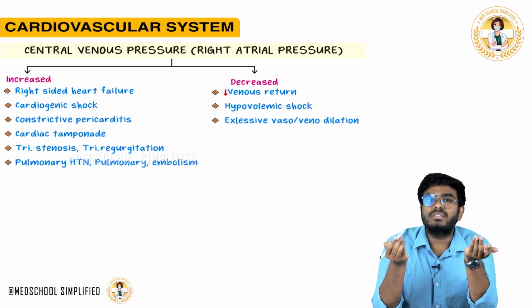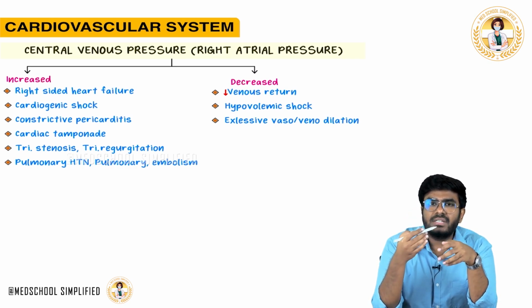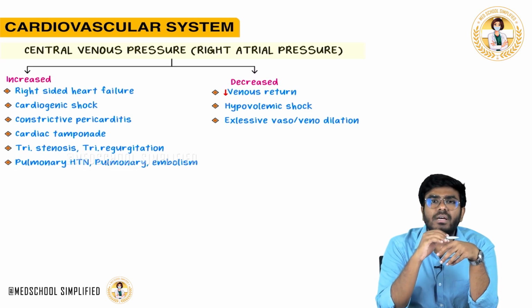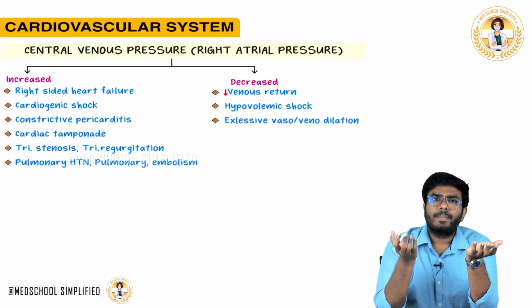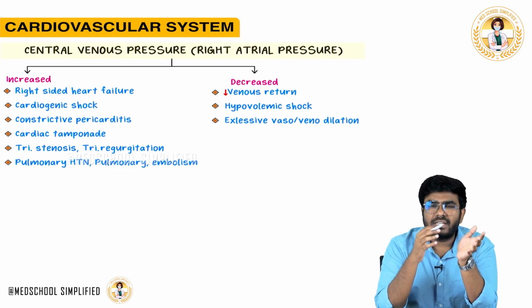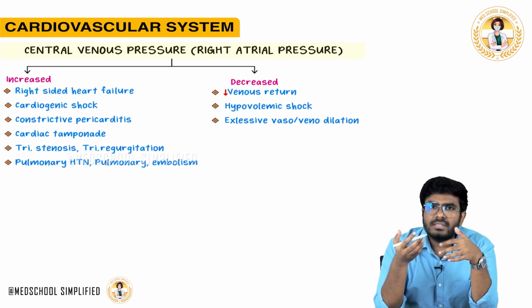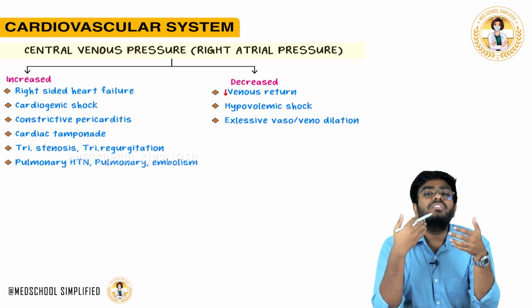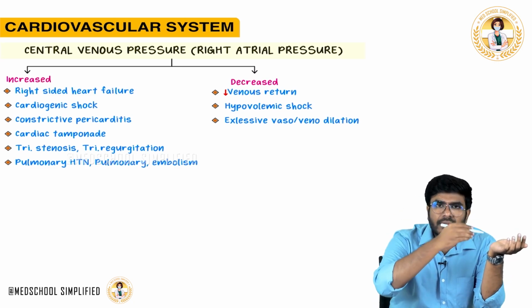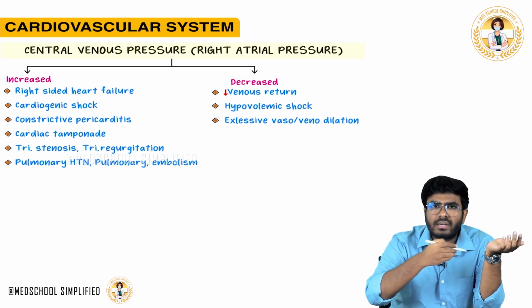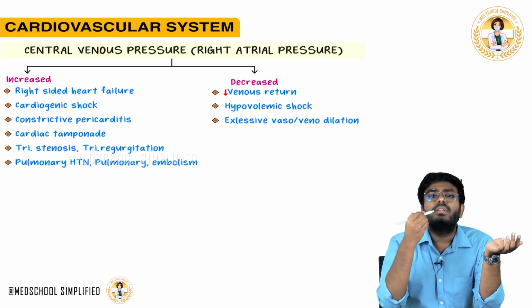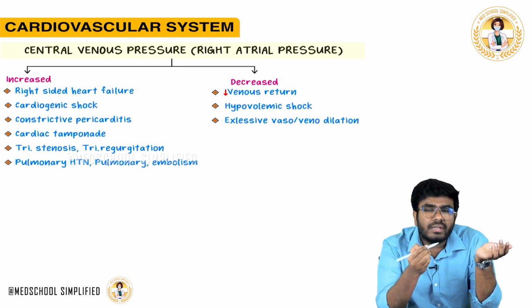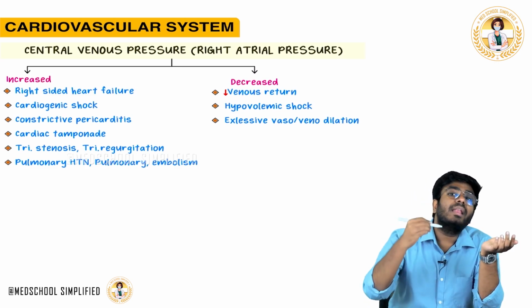Left atrial pressure increases, and that will back up into the pulmonary veins, into the pulmonary vasculature. So pulmonary vasculature pressure increases. From the pulmonary vasculature, the pressures are going to translate back into the right ventricle, and from the right ventricle into the right atria.